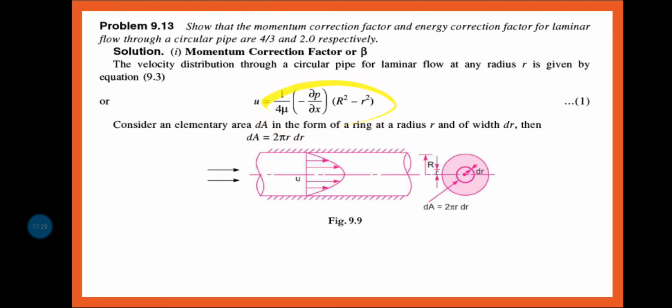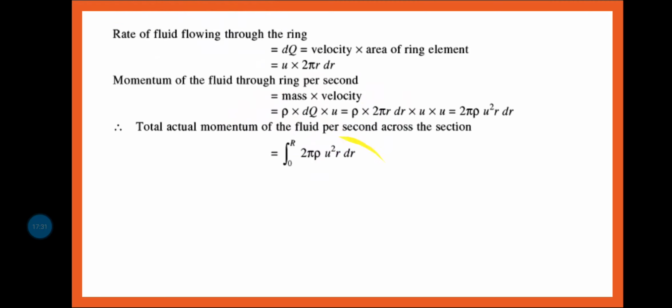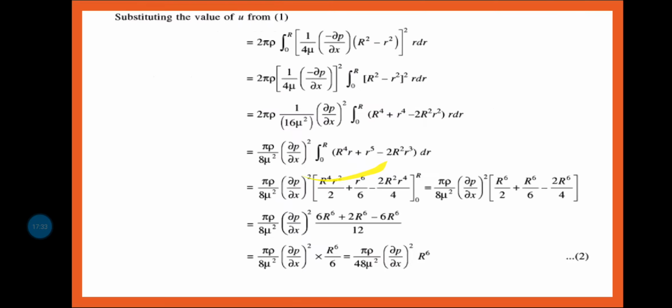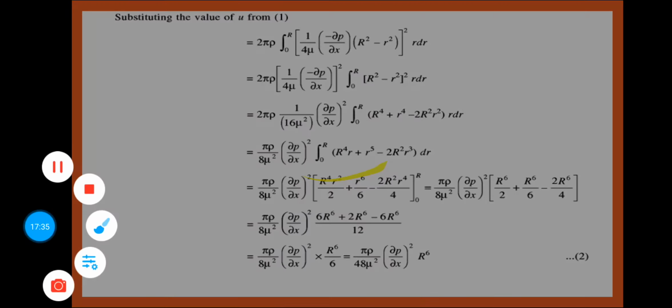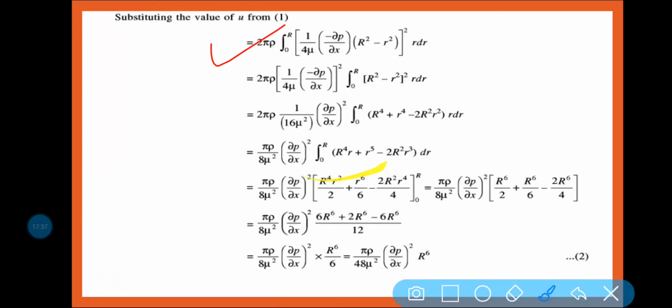So that is why I can put the value of u here. You can put the value of u, and 2 pi rho is constant. So that is why this is the final equation. And after this you can see 1 by 4 mu del p by del x is also constant.